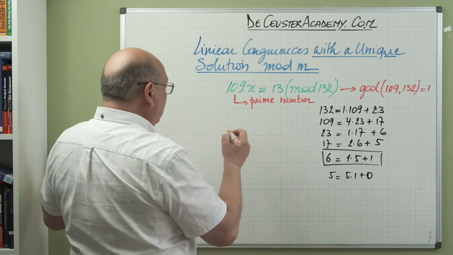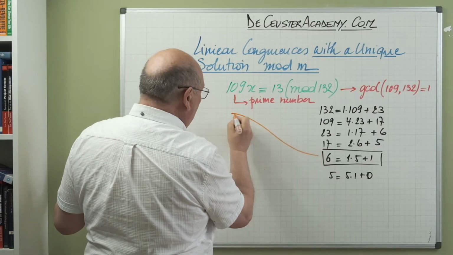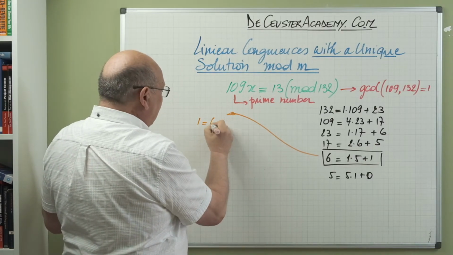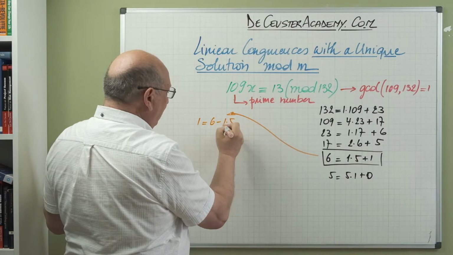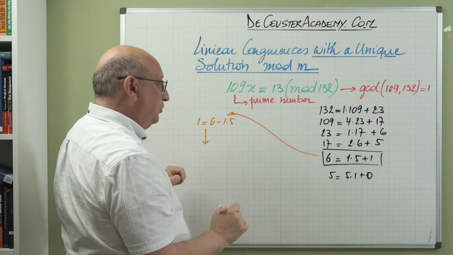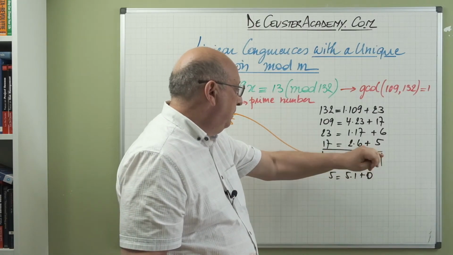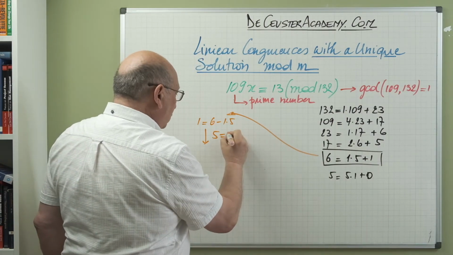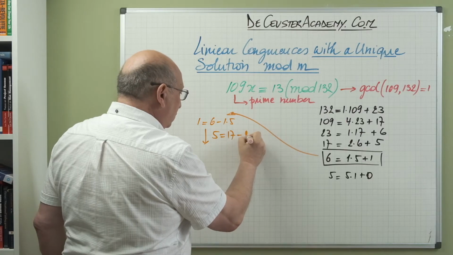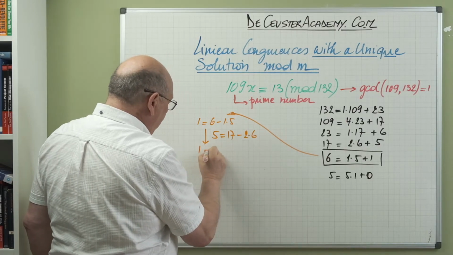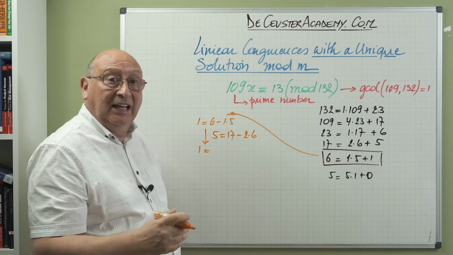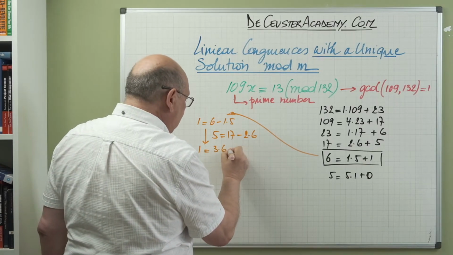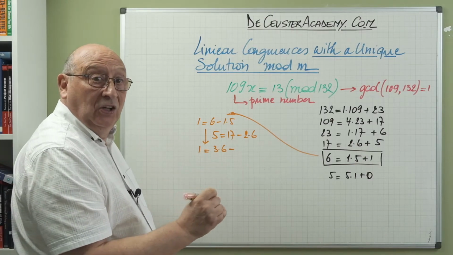So how do we do the backward pass? We start from the equation 1 is equal to 6 minus 1 times 5. We replace 5. We take 5 equal to 17 minus 2 times 6. And we find, you can calculate this, that this is 3 times 6 minus 17.